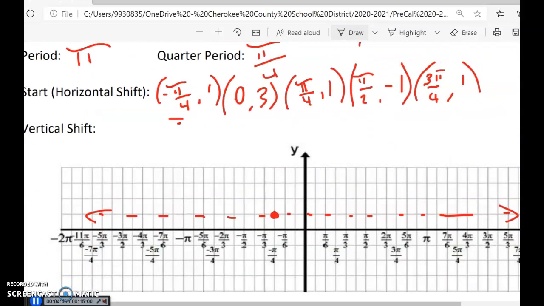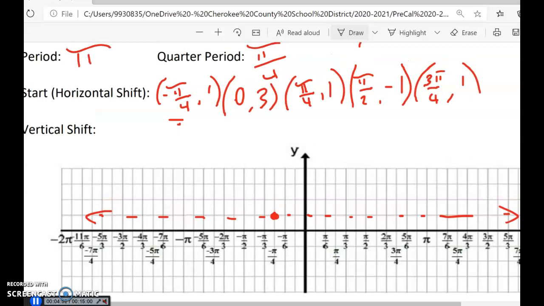So when I go to graph these, I've got 0, 3, so that's 1, 2, 3, and then I've got pi over 4 and 1, and then I've got pi over 2 and negative 1, and then I've got 3 pi over 4 and back to 1. Oh, I'm sorry, that's a negative 2.